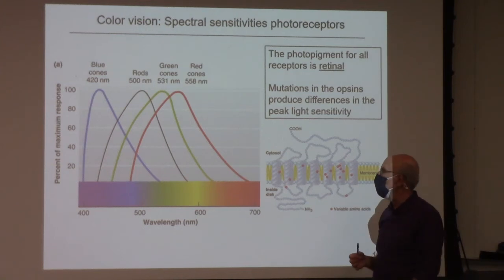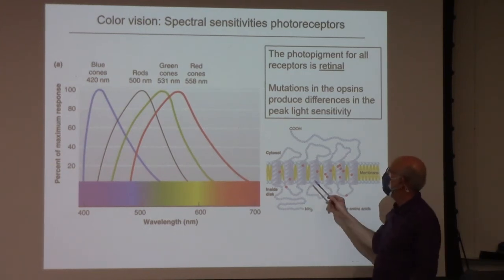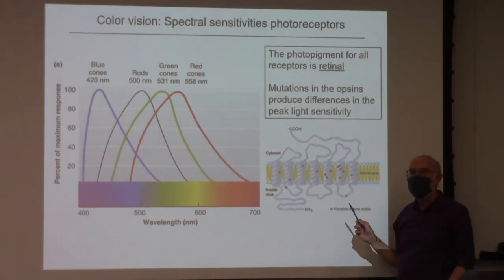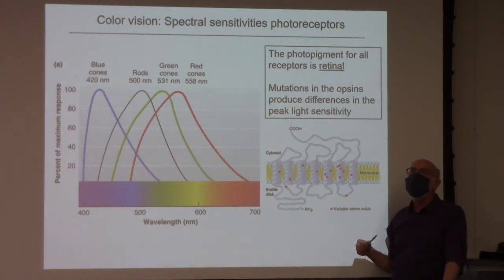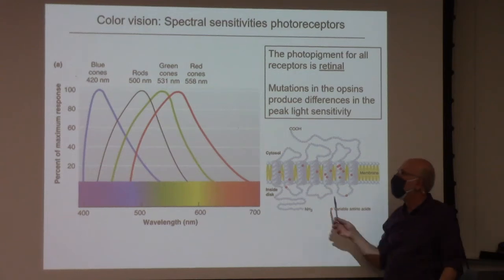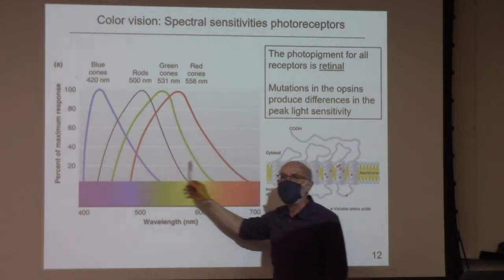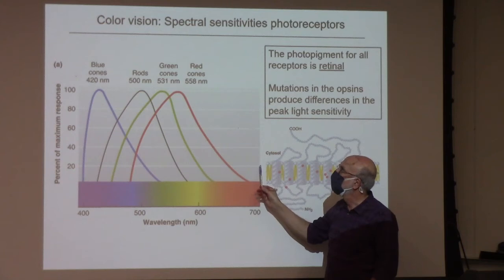We see color because of mutations in opsins that change the spectral sensitivity of the opsin.